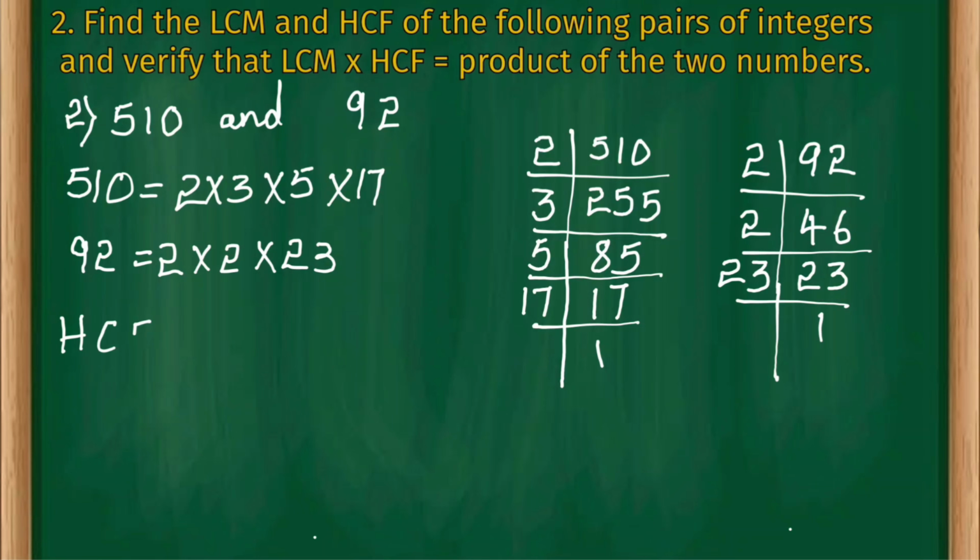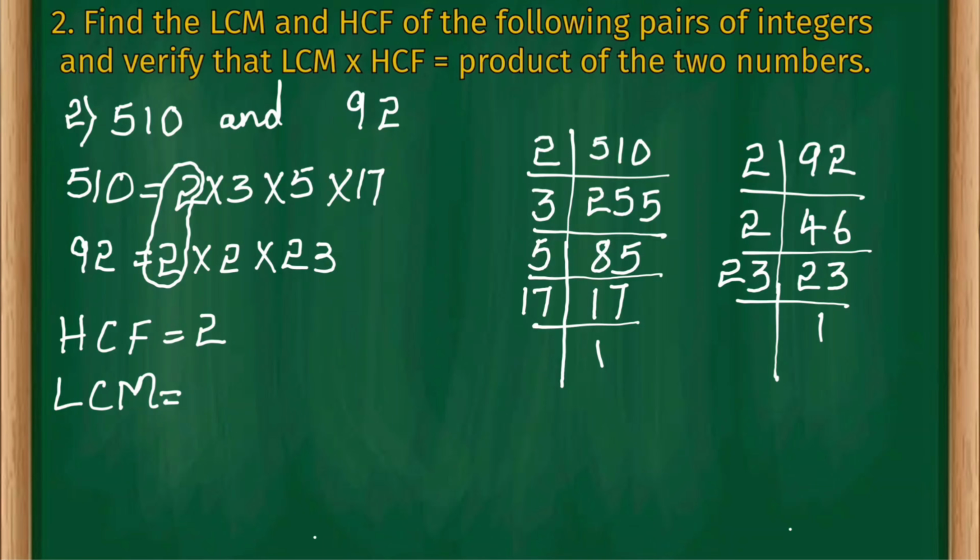Now HCF means highest common factor. Among the factors that we have got, the highest and the common factor is 2. 2 is common in both the numbers, and it is the highest common. So HCF is 2. To get the LCM, we have to multiply all the factors of both the numbers, that is 510 and 92.